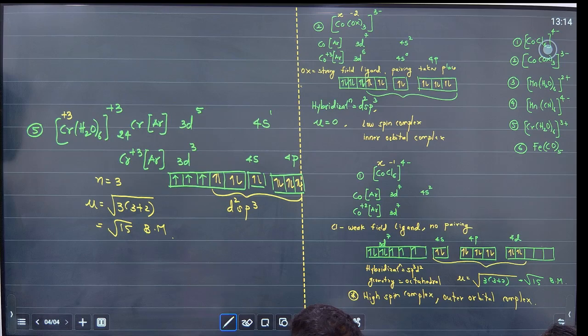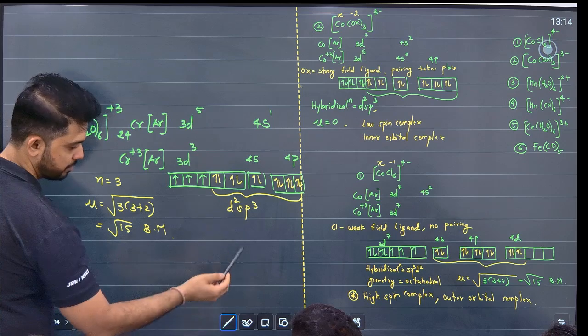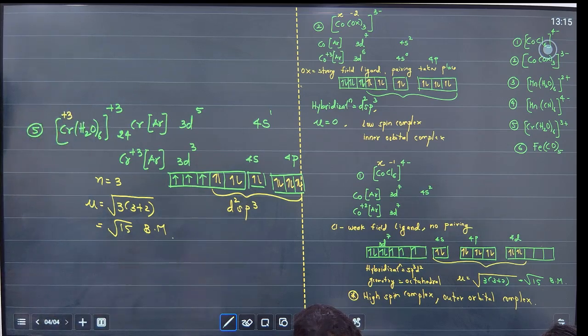But inner orbital or outer orbital? Why inner? We have used the d of the metal. Therefore what will we call it? Inner orbital complex. Why is it a high spin complex? Presence of unpaired electrons. Did you understand or not?